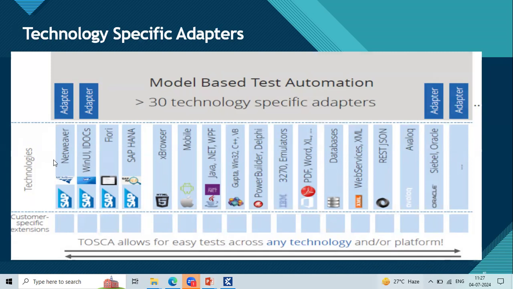For all SAP-related applications, yes, we can do testing, as well as X browser, mobile, Java, Google, Win32, PowerBuilder, emulators, PDF, database, web services, REST, JSON. All these are added here. There are still more, but I just mentioned a couple of adapters here. Tosca allows easy testing across any technology or any platform. There are no restrictions here, okay?